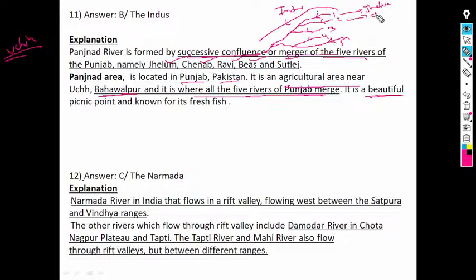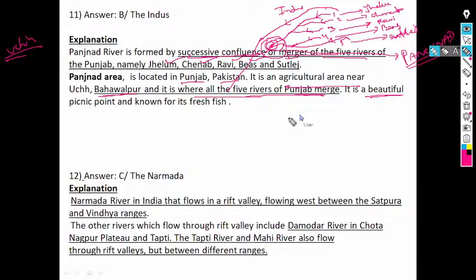These 5 rivers particularly go and merge with the Indus at one place, and this area is particularly known as your Panchnath. Panchnath area, this one.